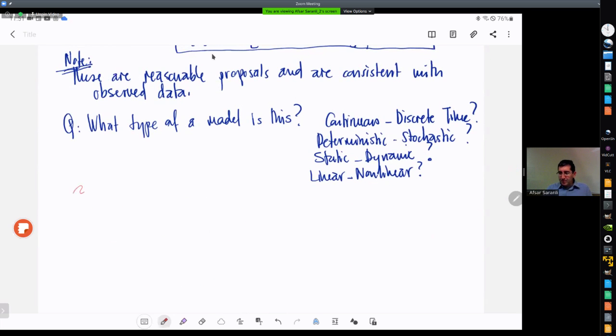Now, what is the aim? The aim here is the economist's aim, or the government's aim.